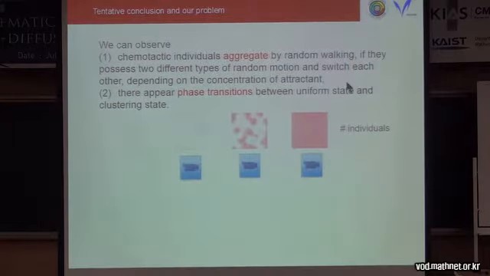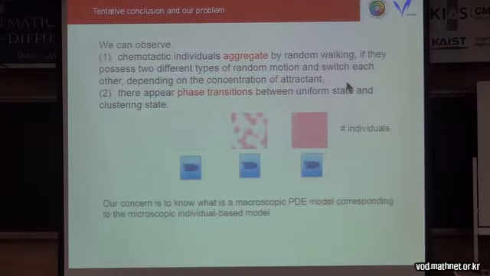So our consequence is this: even if each individual moves randomly, if the velocity of movement changes depending on the concentration of chemoattractant, then clustering patterns can be observed like this.